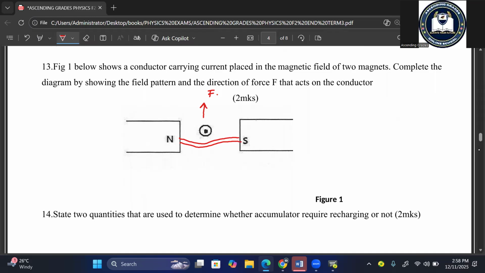So they will be somehow close together like this. Then at the upper part, we expect the field to be weak because the conductor is being pushed upwards. So the drawing like that will be very much okay. So we can indicate that we have strong fields and we have weak fields.